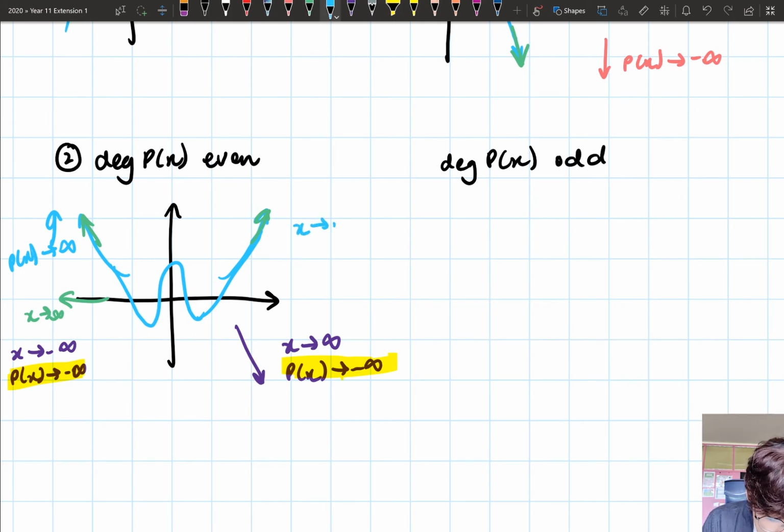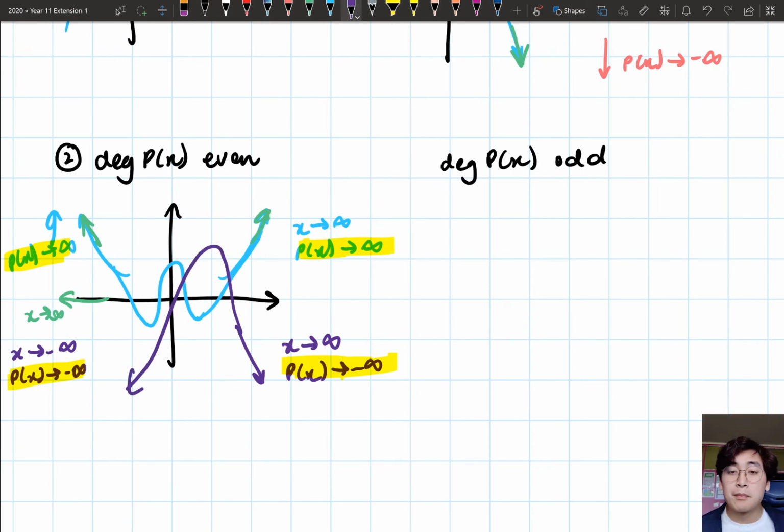So x goes to infinity, p of x goes to infinity, and so these two match up. So for example, you could have something that goes like this. And if you notice, on both ends, they both go the same direction. So the degree tells me where does the left-hand side go? Does it match what the right-hand side does?